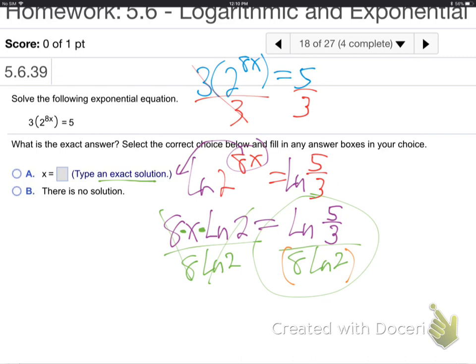So in other words, the way you type it on your calculator will be like this. ln 5 divided by 3 divided by, parentheses, 8 ln 2. See how I've got double parentheses there? That's what you're going to want to type in.